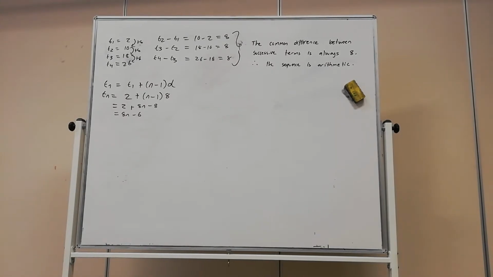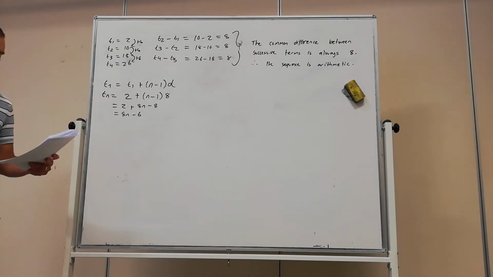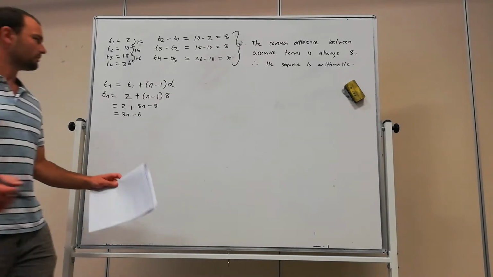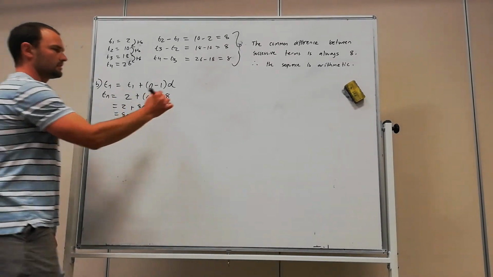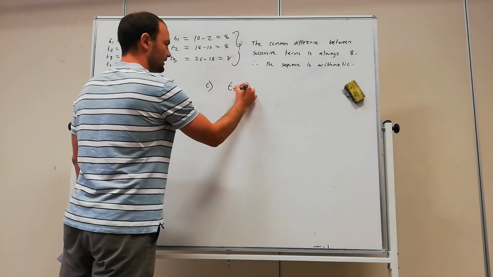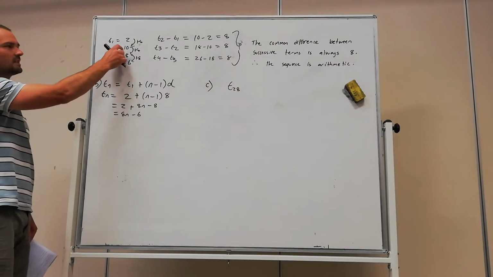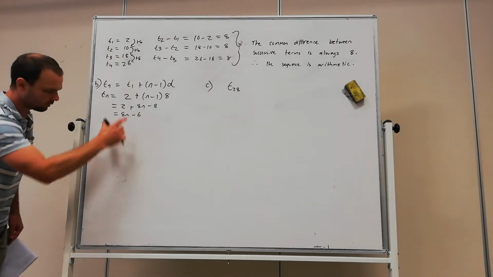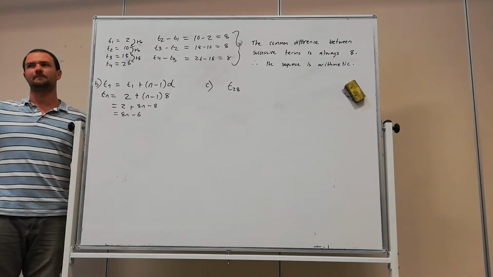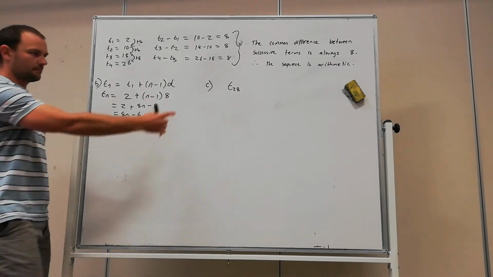If at any stage I am going too fast, let me know. Part C, using your formula, find the 28th term of the sequence. That means we're finding T28, the 28th term. If we were to keep repeating this pattern, 2, 10, 18, 26, all the way down, we could do it manually, but it'd take a very, very long time. So let's use our formula.